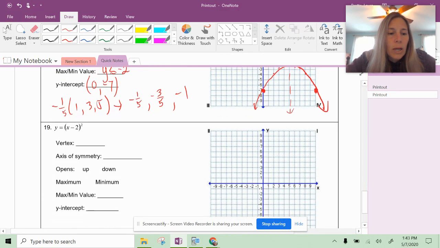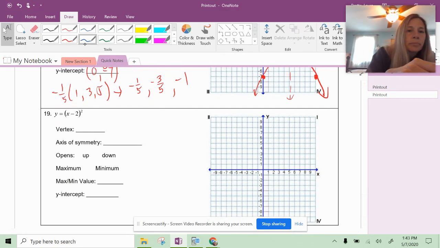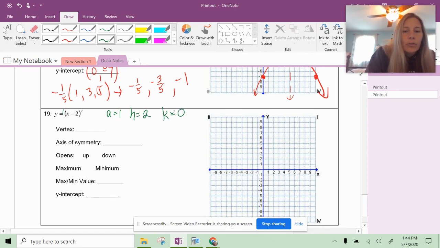Okay, and then number 19, last one. So the a value is positive 1, since we don't see anything in front of the parentheses. The h is positive 2, and this time our k is 0 because we do not see a k value. Our vertex is going to be the h and the k, so (2, 0). Our axis of symmetry is x equals 2.